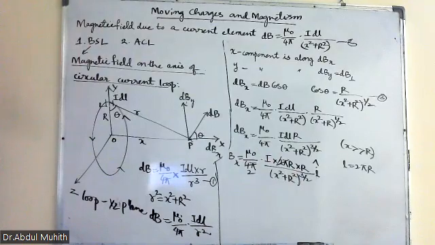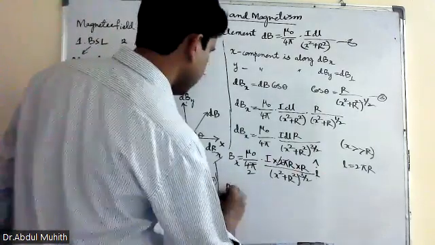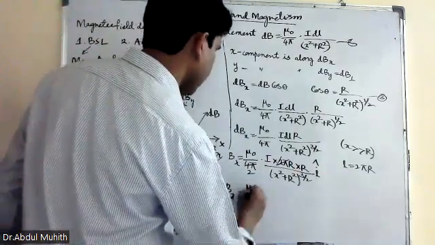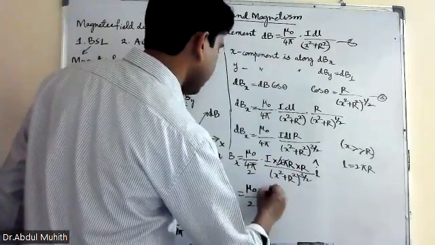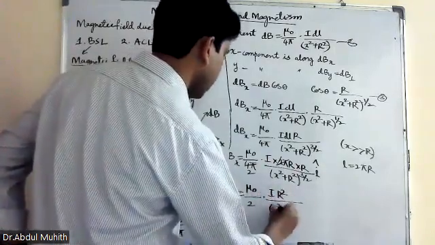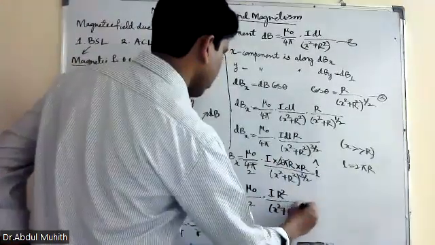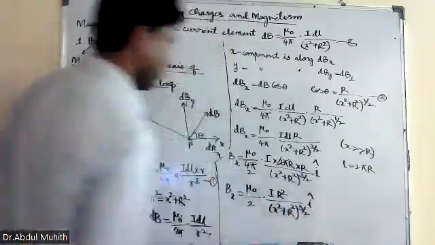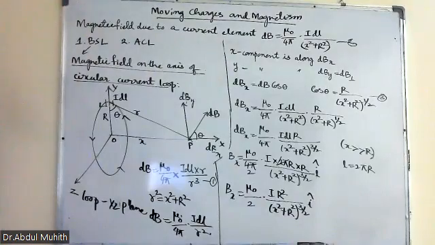So, x is much greater than r. Here, what will happen? Bx is equal to μ0 by 2 into I into r² divided by (x² + r²) whole to the power of 3 by 2, I cap.